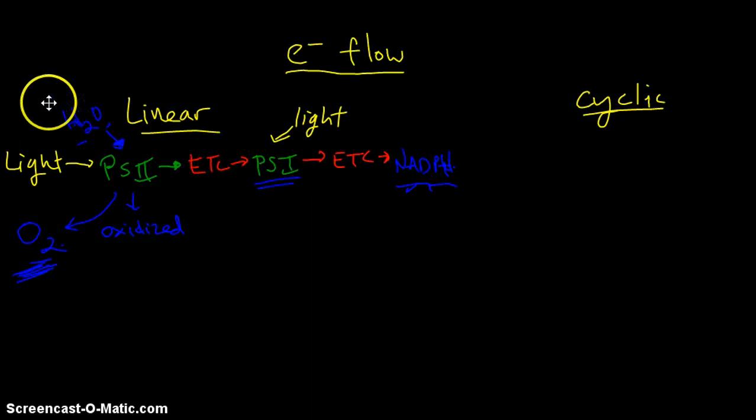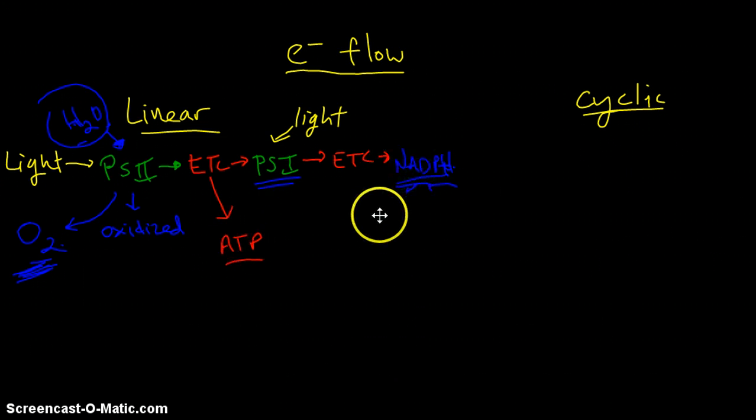So it all backs up to water. As long as water is in supply, it will be split apart and the electrons donated to the photosystems so that these electron transport chains can continue the production of NADPH and ultimately ATP, the units of energy needed to drive the production of sugars.